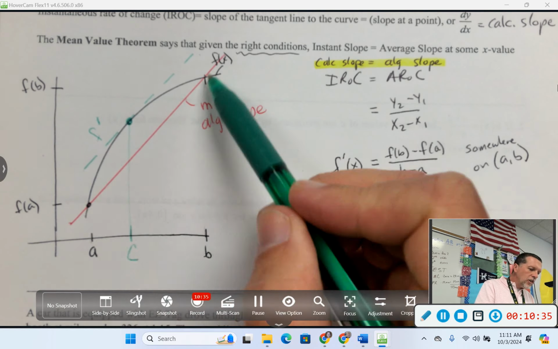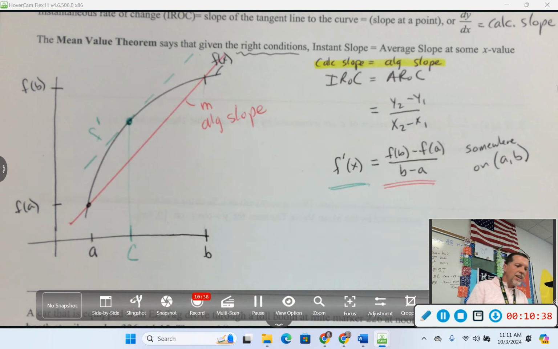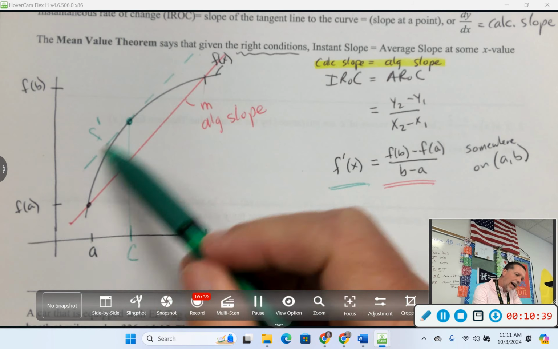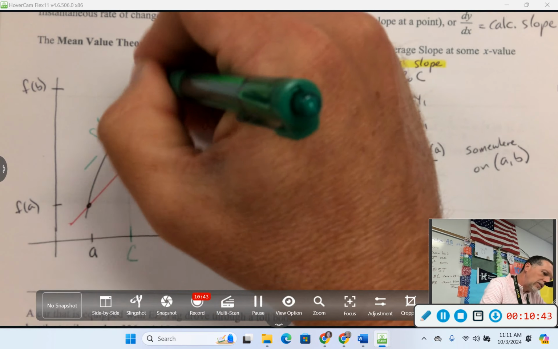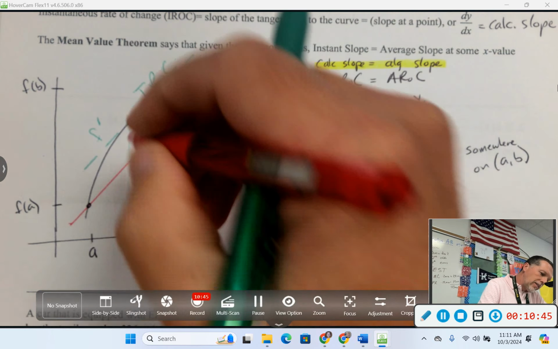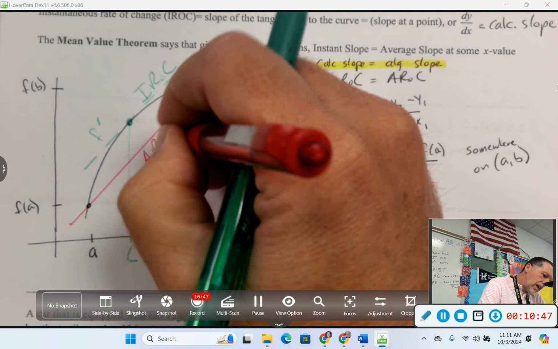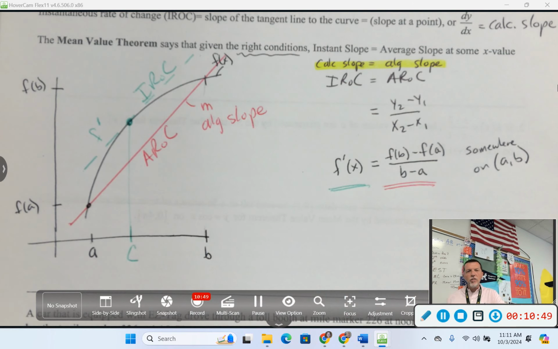The overall slope is equal to the instantaneous slope. The IROC is equal to the AROC. You can label it 100 different ways. Average rate of change over the whole thing equals the instantaneous rate of change at some point.